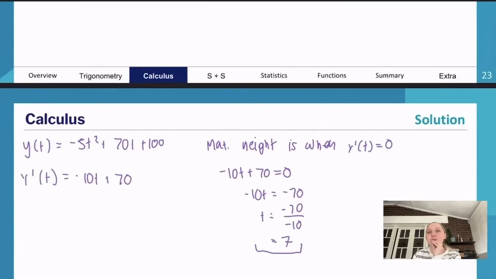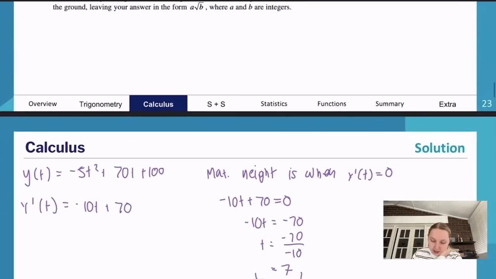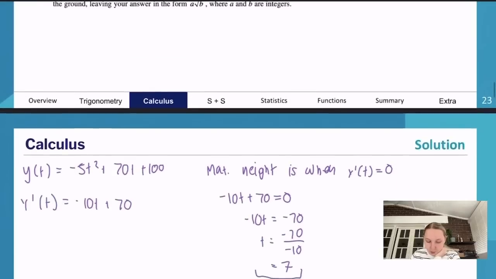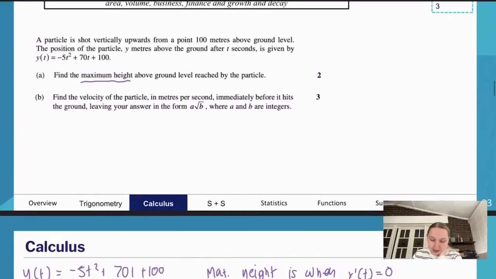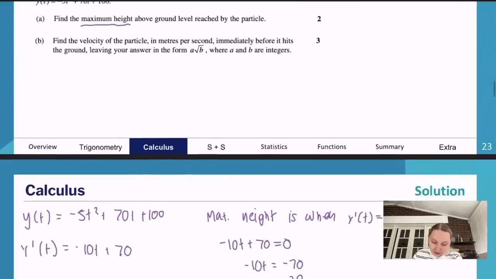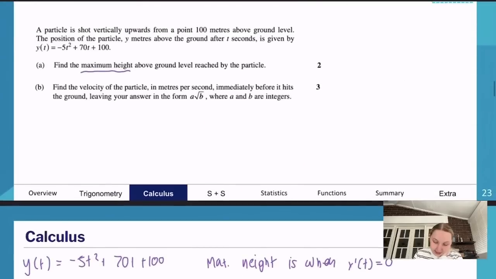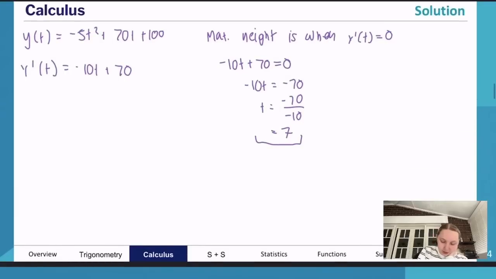Some people, it's really common for some people to forget that there is one more step in this process. Okay, so we found the value of t for which we're going to get the maximum height. But in order to find that height, we need to find y(t). Okay, so we're going to find y when t is equal to 7, so y of 7.